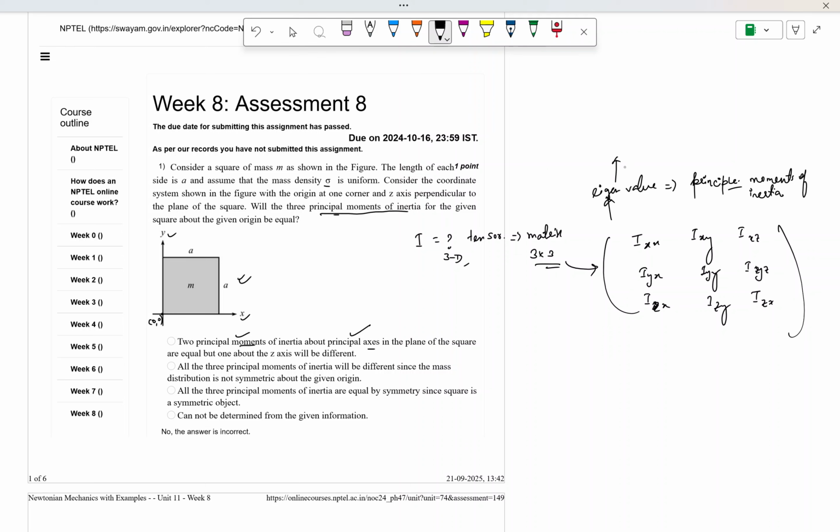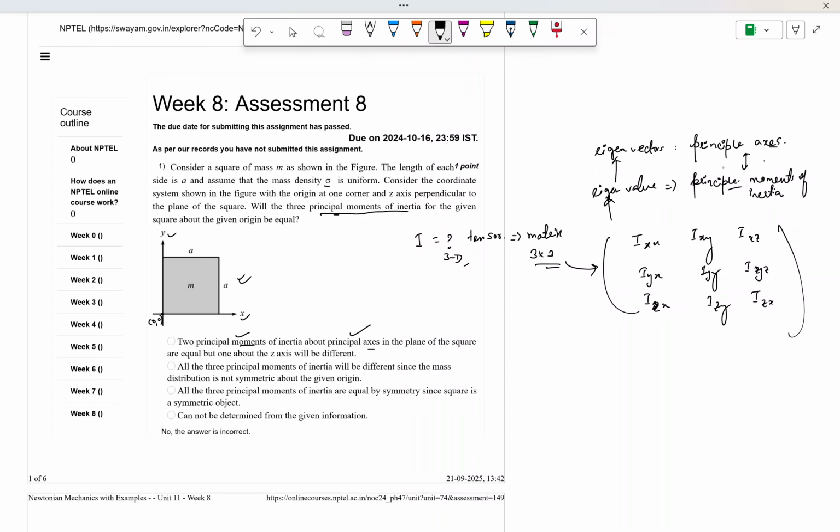And if you find the eigenvectors corresponding to those, that will be called the principal axes. So these two will be related.